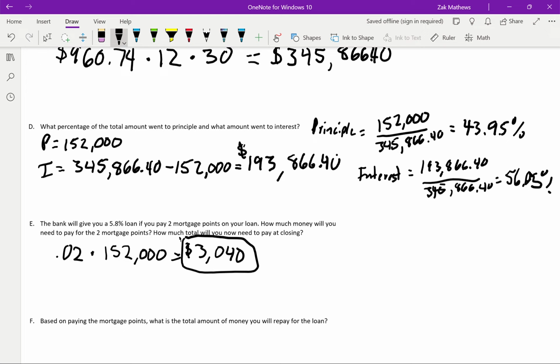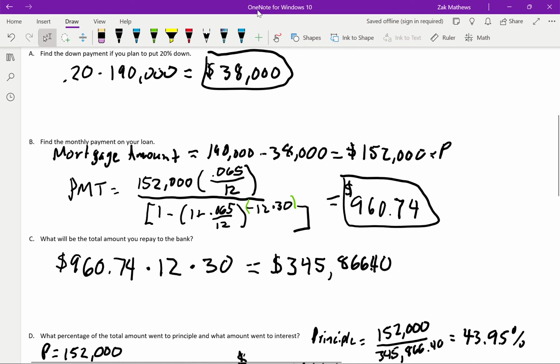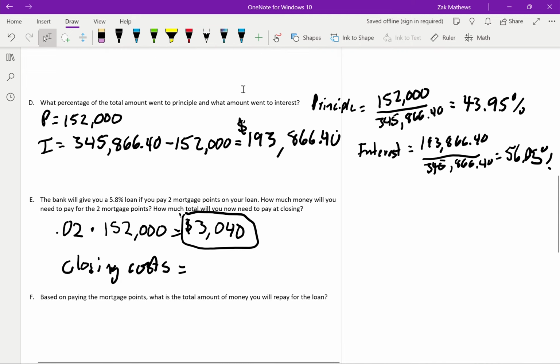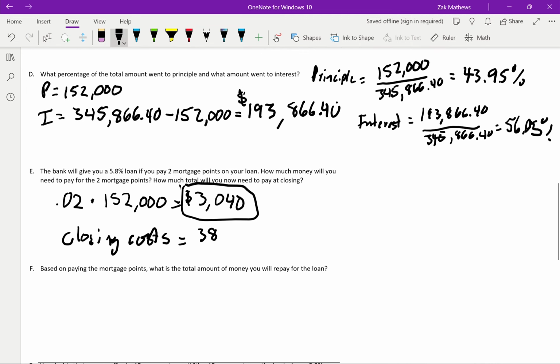We're going to see how much that really helps us in just a second. What that does mean is our closing costs have gone up. We had the $38,000 that we calculated in that very first part, plus the points, $3,040, and that gives us $41,040.